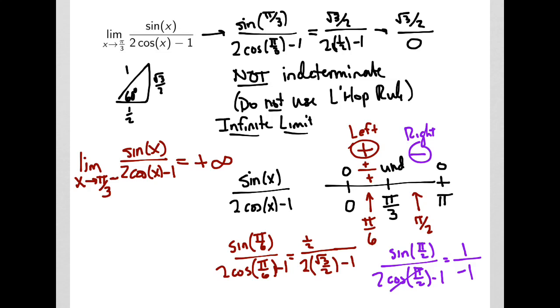On the right, we would write the limit as x approaches pi thirds from the right of the same formula, sine of x over 2 cosine of x minus 1. That was negative on the right. And so these are my answers.